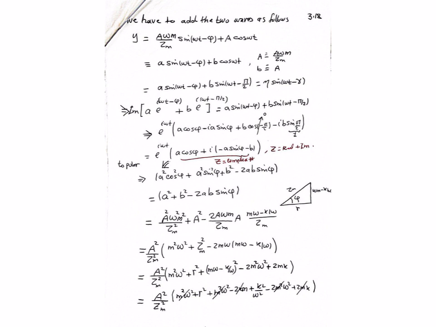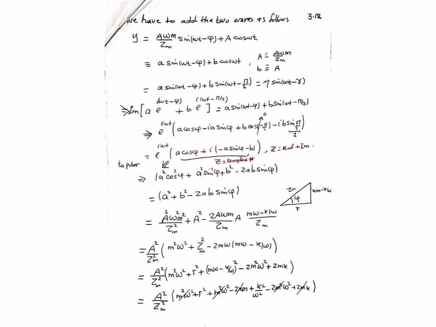Substitute for a small. I said this is a small, not a capital. A squared omega squared m squared over Z squared m plus B squared, which is A squared, minus 2 a small, which is 2A omega m over Zm times A sine phi. We know sine phi is m omega minus k over omega over Zm. This is known from previous lectures.